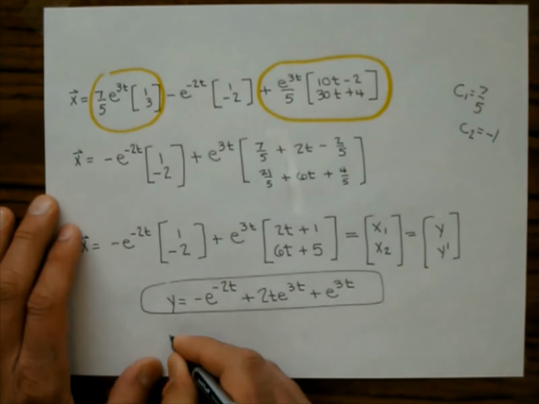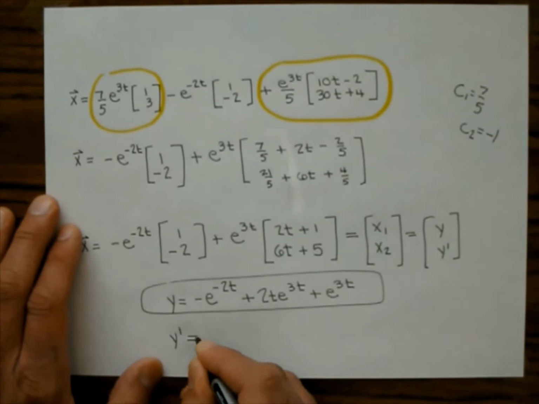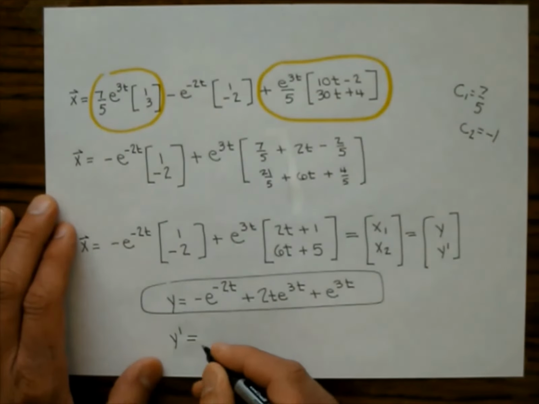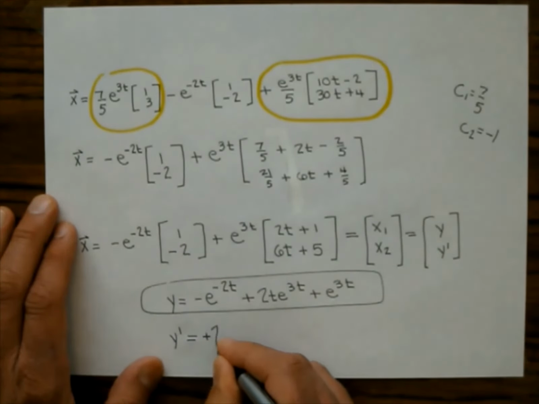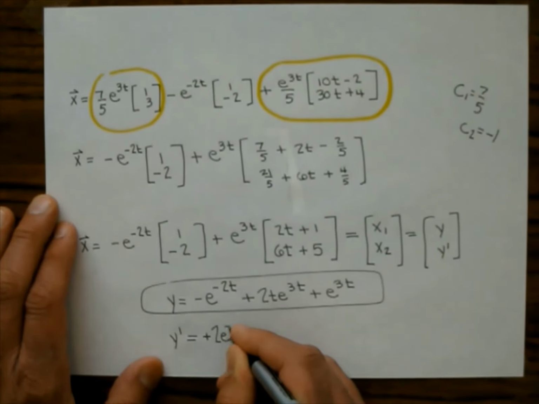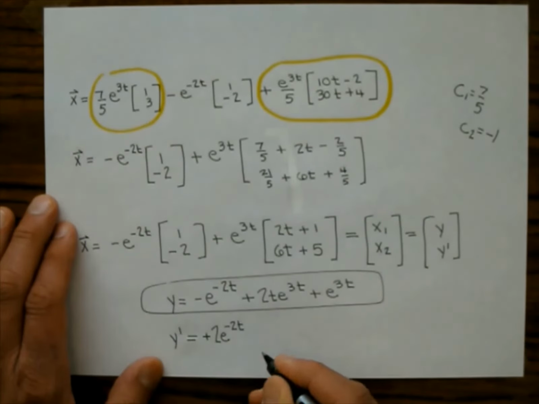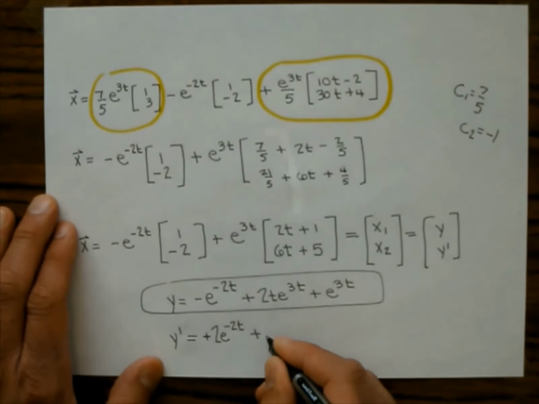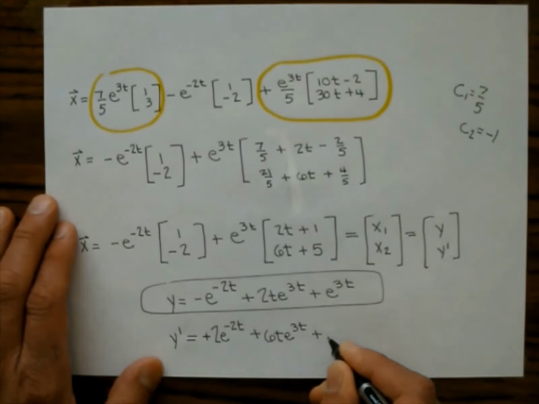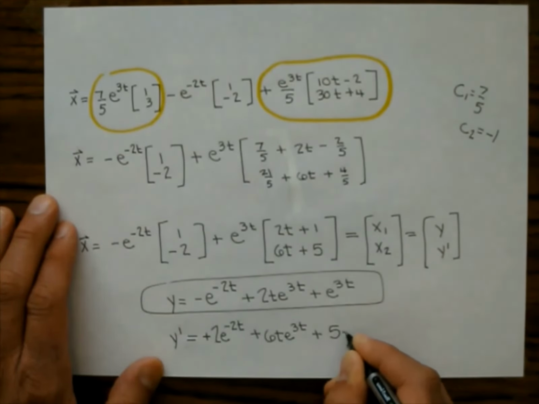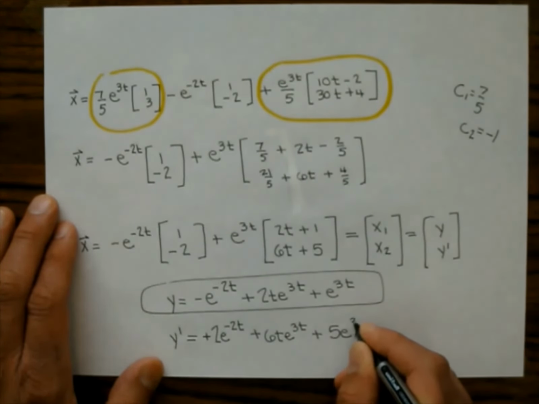But watch this. Look at this. The bottom one, and they didn't ask for this, it's going to be what? Negative? No, it's actually positive, because 2 negative. So this is positive 2e to the negative 2t, and then we have plus 6t e to the 3t plus 5e to the 3t.